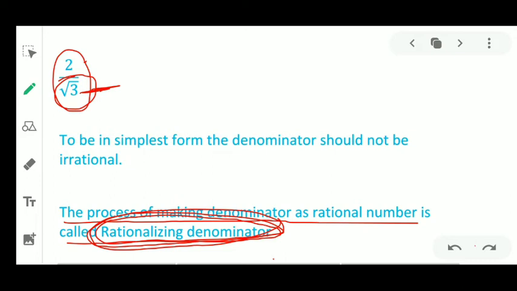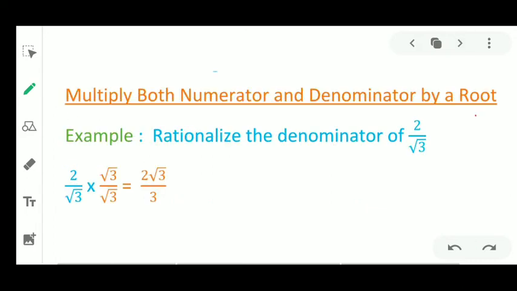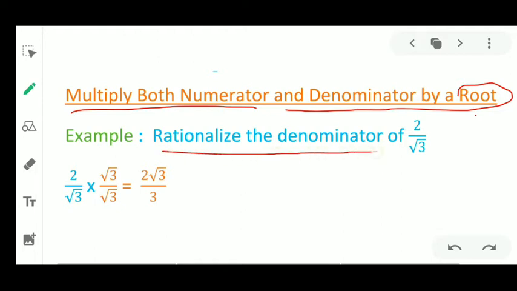So the first method we have is to multiply both numerator and denominator by the same root. For example, rationalize the denominator of 2 by root 3. The denominator is irrational and we have to convert it into a rational number.